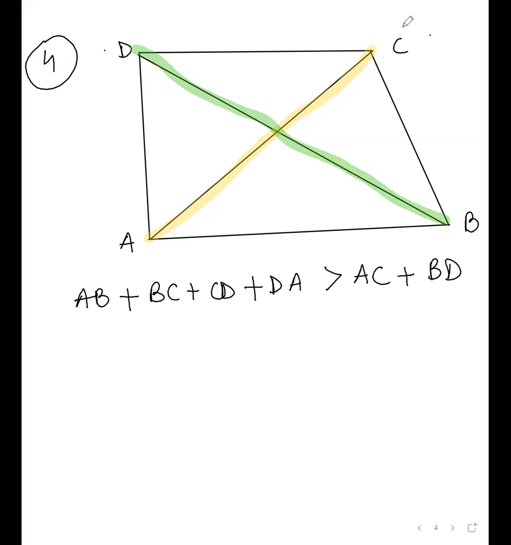Which two triangles will you take? I didn't understand the question. AC, you're right in identifying that BD and AC will be included.